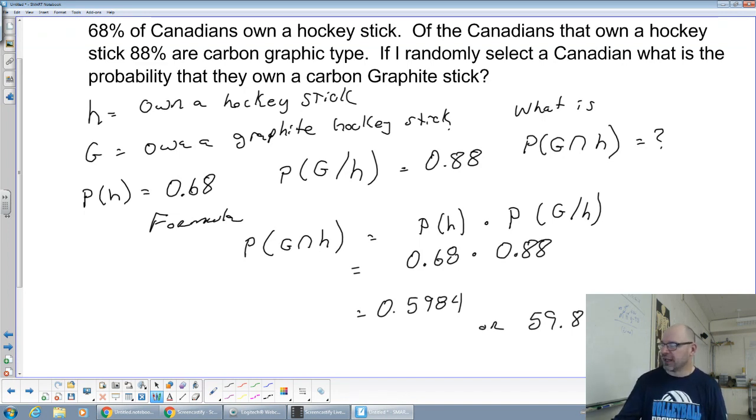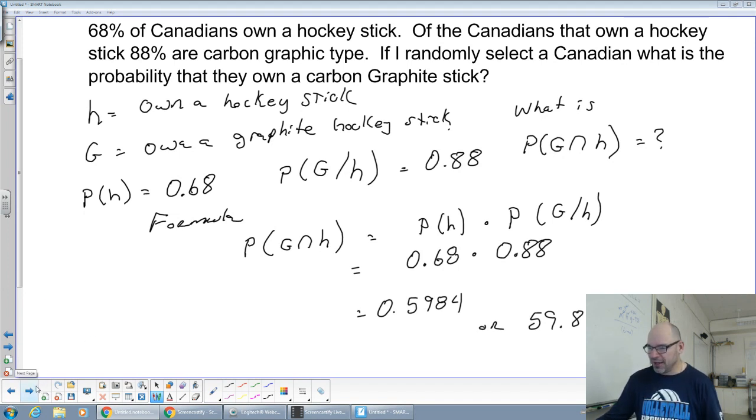Then you would just change this last number, 0.88, to 0.012, because it would be 100% minus that. So let's do some more percentage examples, but let's do one that might use a complement. So this will be our third example. And then, if we have time, we'll do a population one with population numbers.